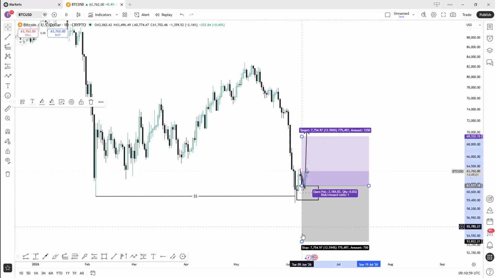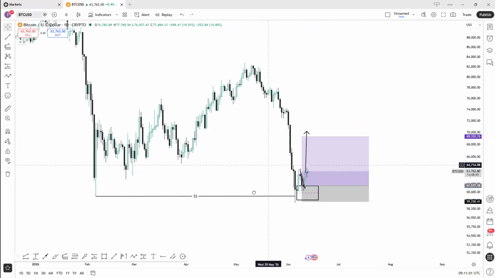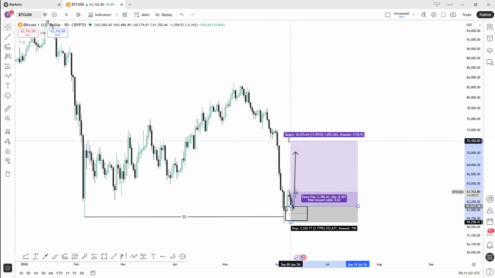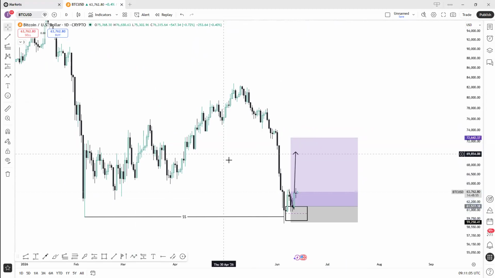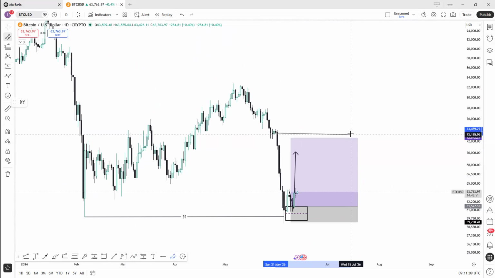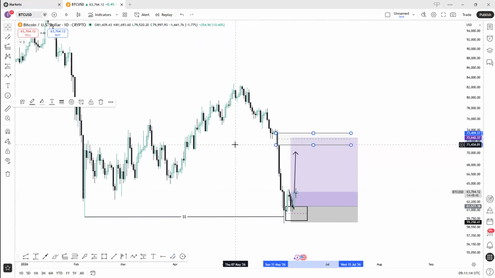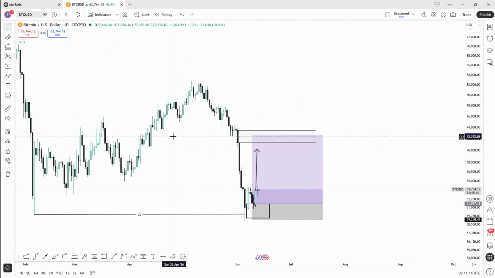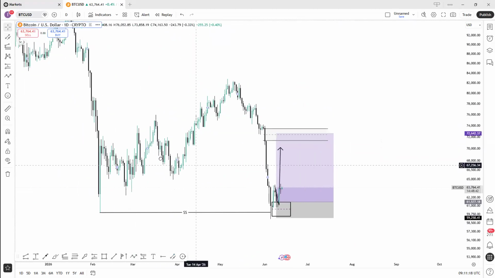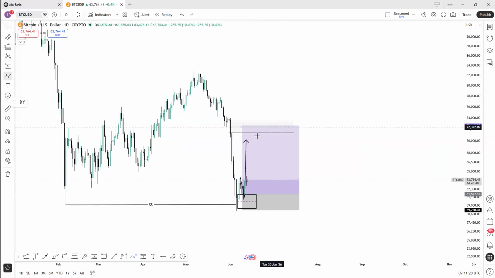So BTCUSD buy from that area, and then our target where? Target that area. I think it is optimal entry when you apply FIBO, that area, target that area, okay? Target that area.